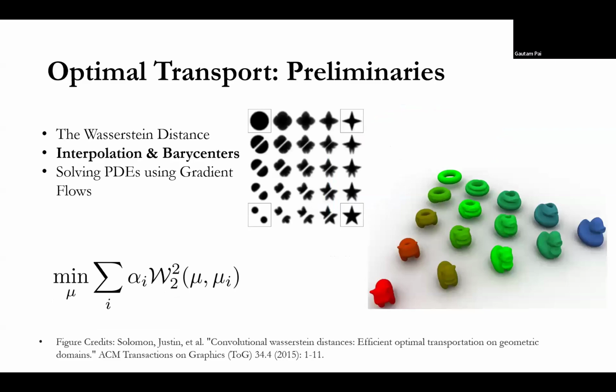Amongst the many applications, one that is nice in terms of working with shapes is meaningful interpolation. Given the typically Euclidean ground cost, say in R2 and R3, you can get meaningful interpolation of shapes in this domain.